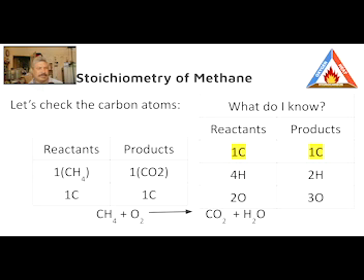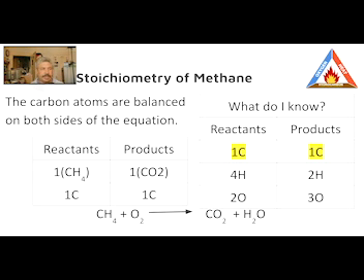Wait a minute, there's 1 carbon in the reactants and 1 carbon in the products. Isn't that balanced already? Well, I'm just going to go through the process step by step, just to be cautious. In my reactants, I have only methane that carries a carbon. There's 1 of those. For the products, carbon dioxide is the only molecule that carries a carbon, 1 carbon. So I see the carbon atoms are balanced on both sides of the equation.